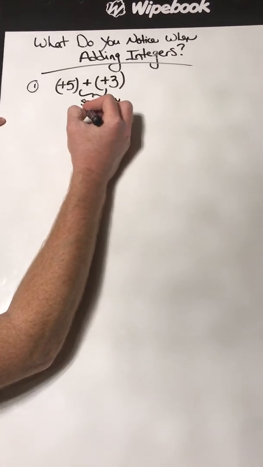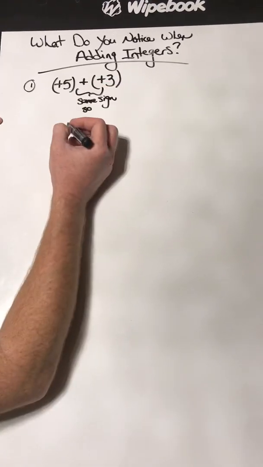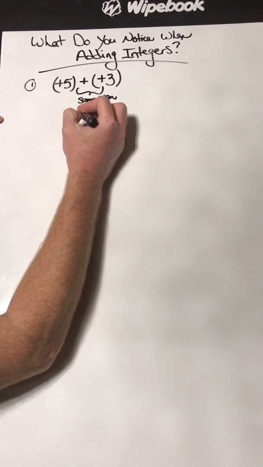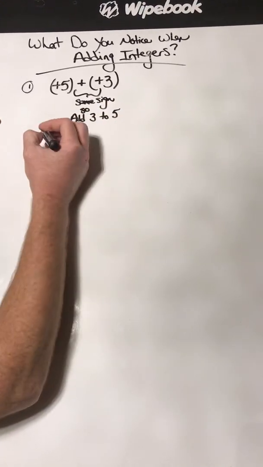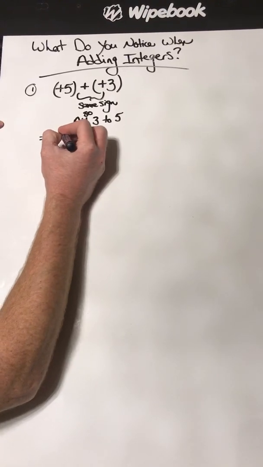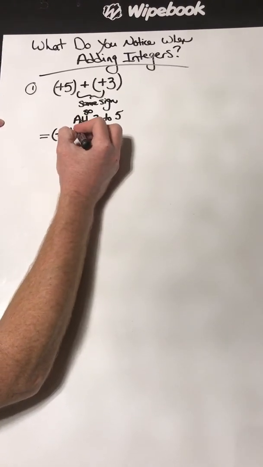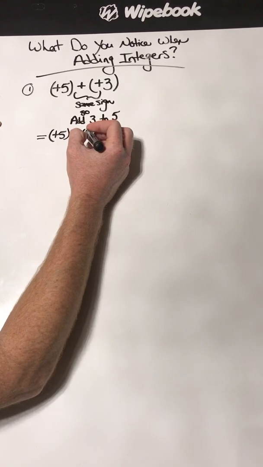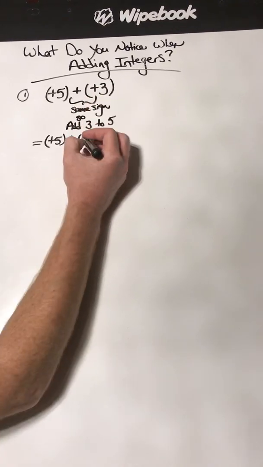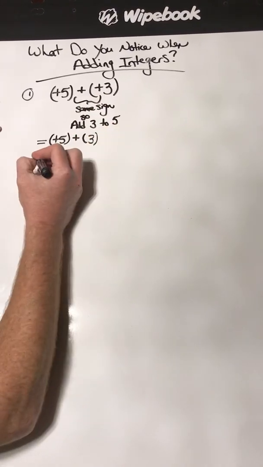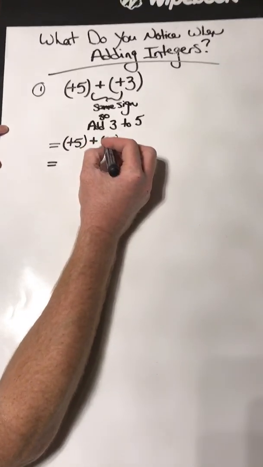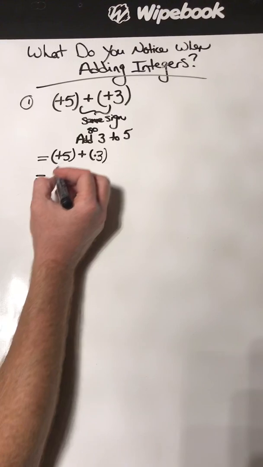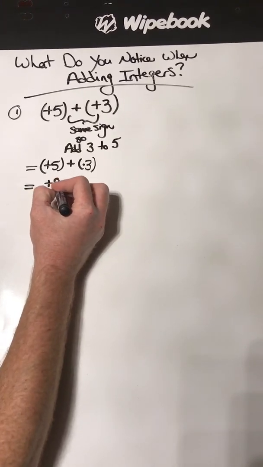As a result of it being the same sign, we can add 3 to 5. We can write this as positive 5 plus 3, and remember there's that itty bitty plus sign in there. Positive 5 plus 3 is positive 8.